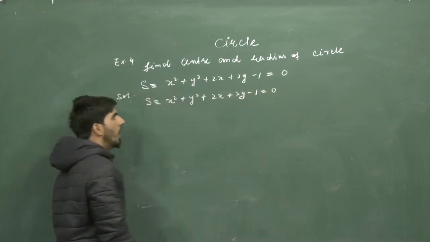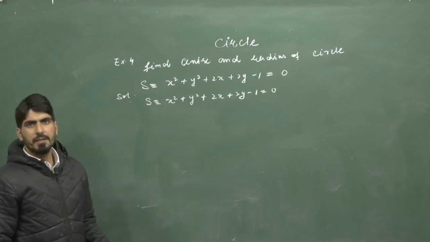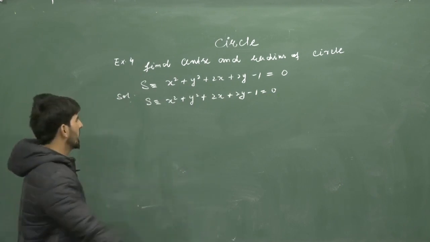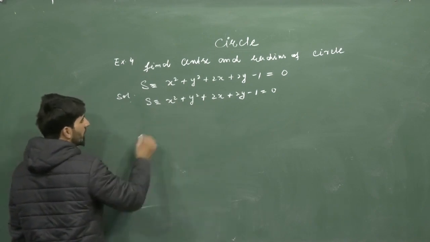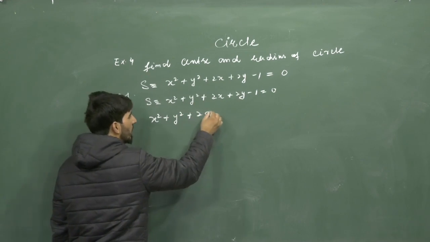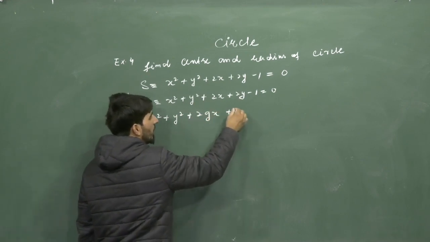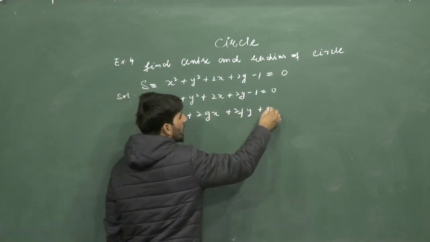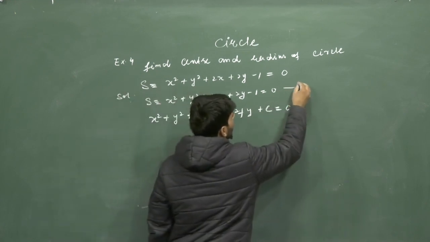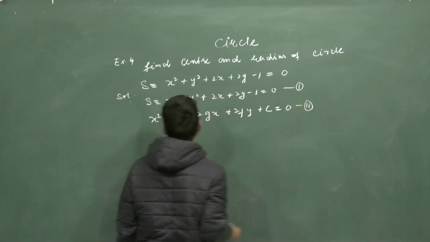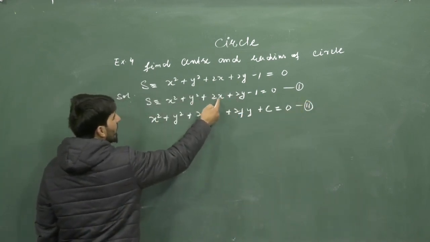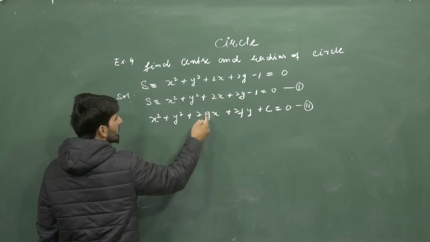On comparing this equation of the circle with the general form of a circle, as we know that the general form of a circle is x^2 + y^2 + 2gx + 2fy + c = 0, if we compare these two equations, we get: here the coefficient of x is 2 and here the coefficient of x is 2g.